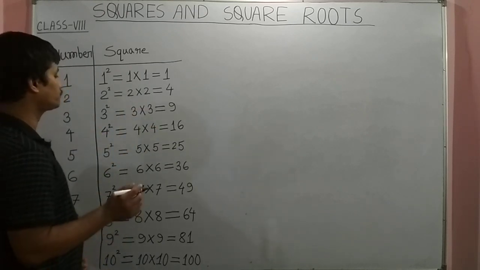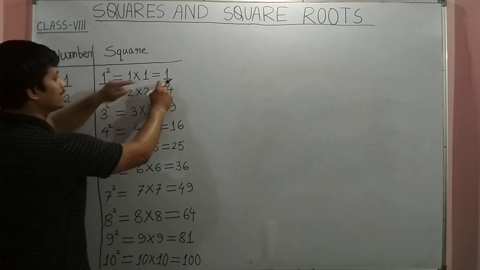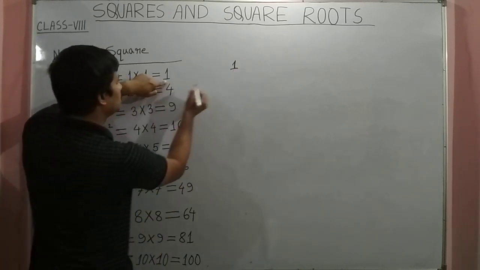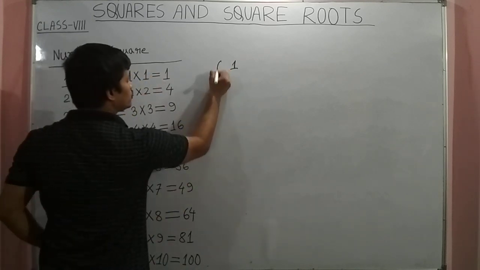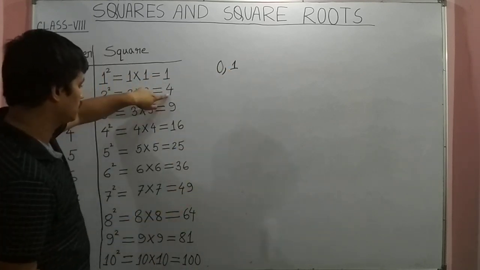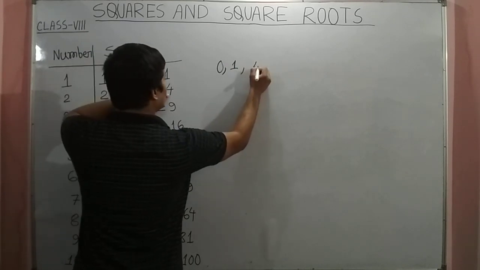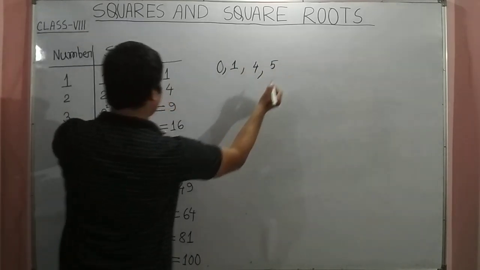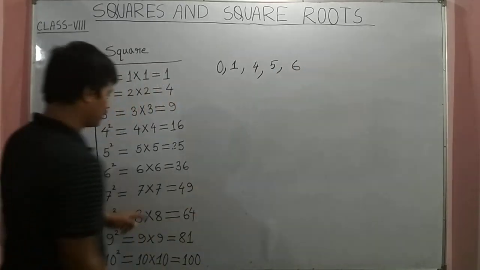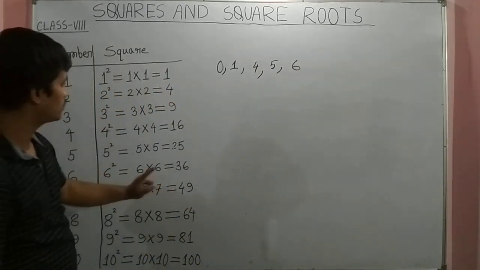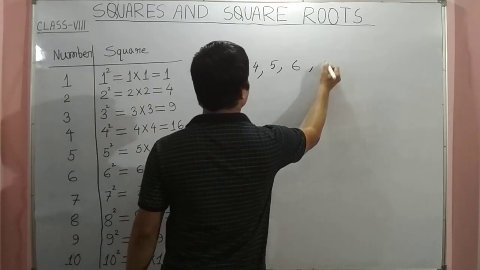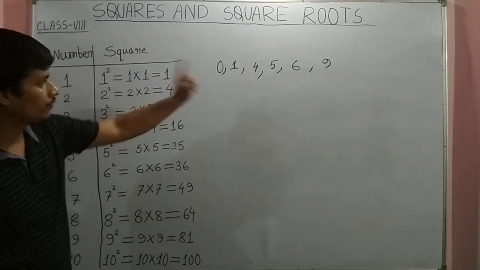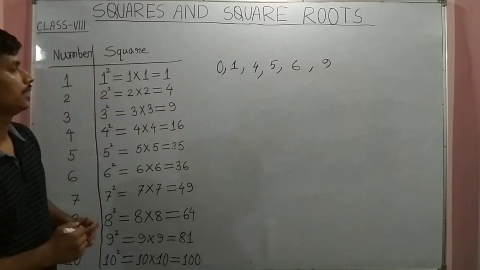And here we got, this ends with 1, and 100 ends with 0. Next, this ends with 4, this ends with 5, this is 6, and this is 9. So 1, 0, 1, 4, 5, 6, 9.